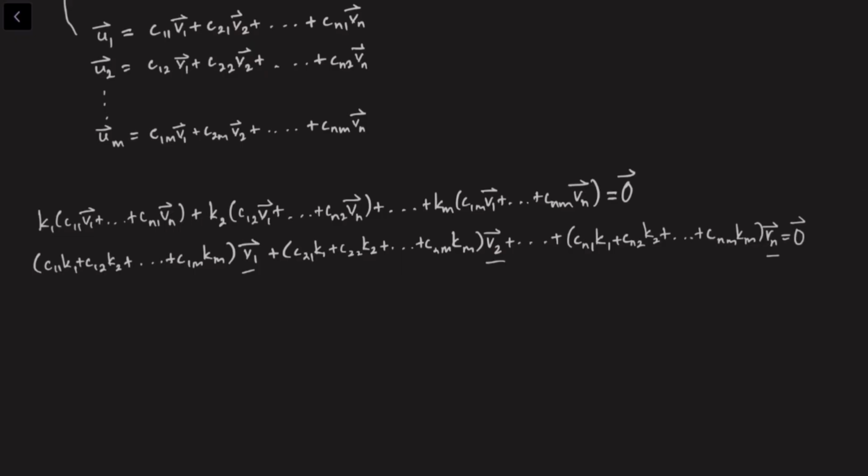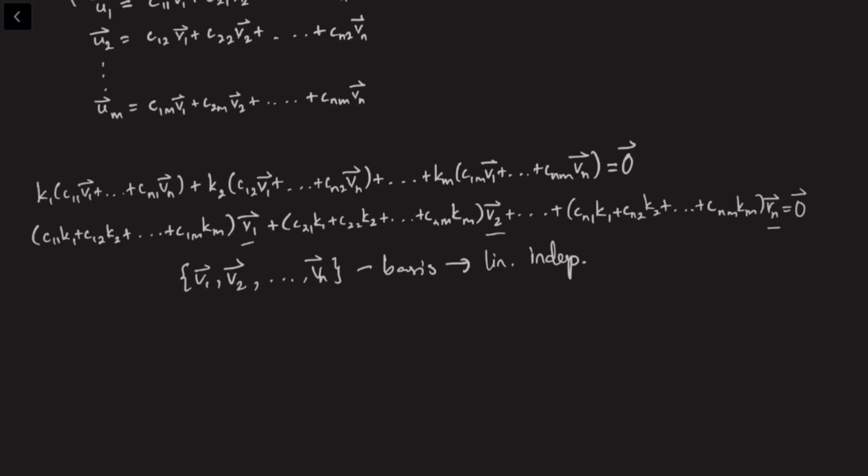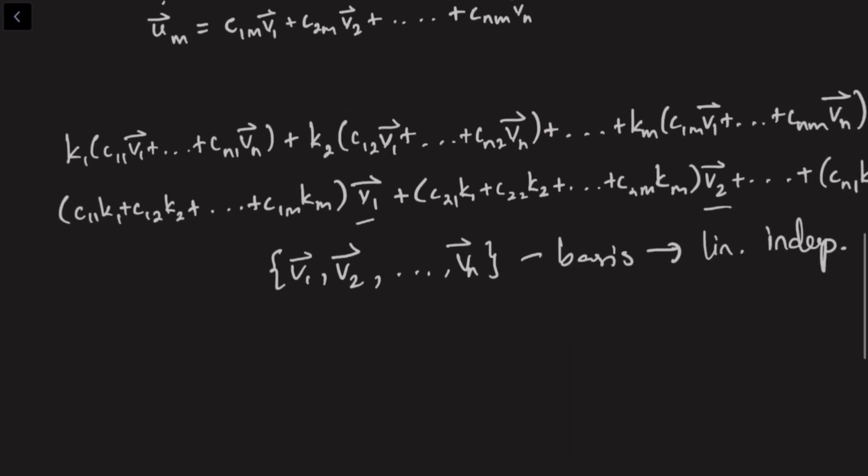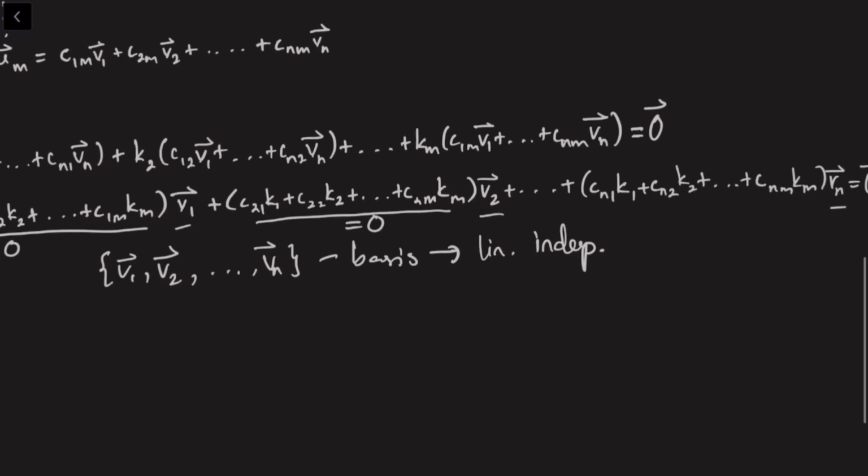And because all these v's are a basis for the vector space V, they have to be linearly independent. That means that all the coefficients will be trivial solutions. So this thing is equal to 0, this thing equals 0, and this thing equals 0.